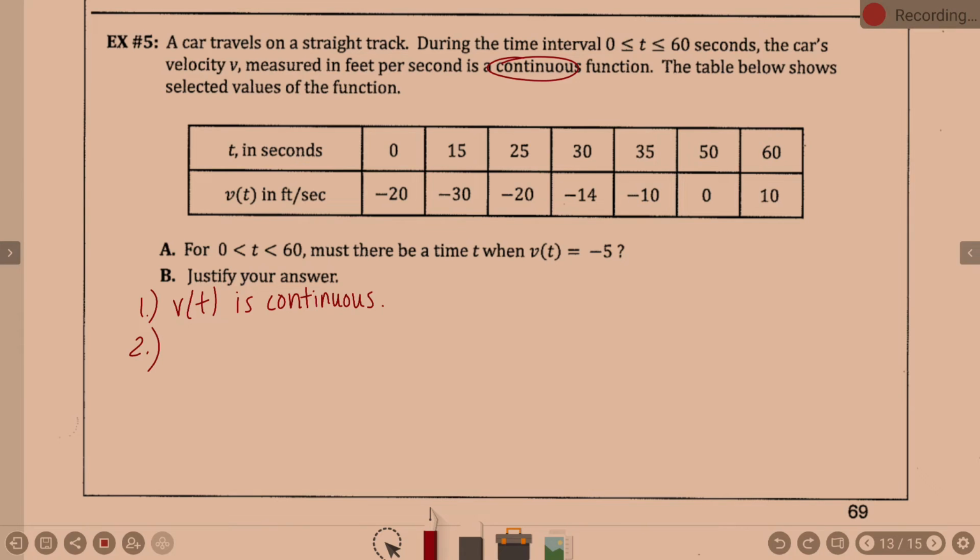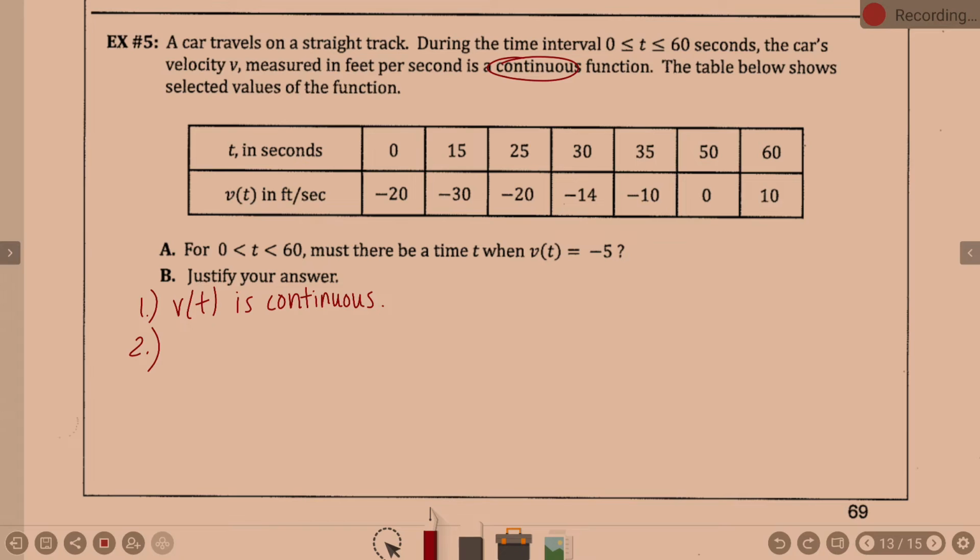Now, trying to remember, what about endpoints here? -30 and 10. Well, here's the deal. Wait, it's 0 and 60. I think we can do this a couple of different ways, in all honesty.